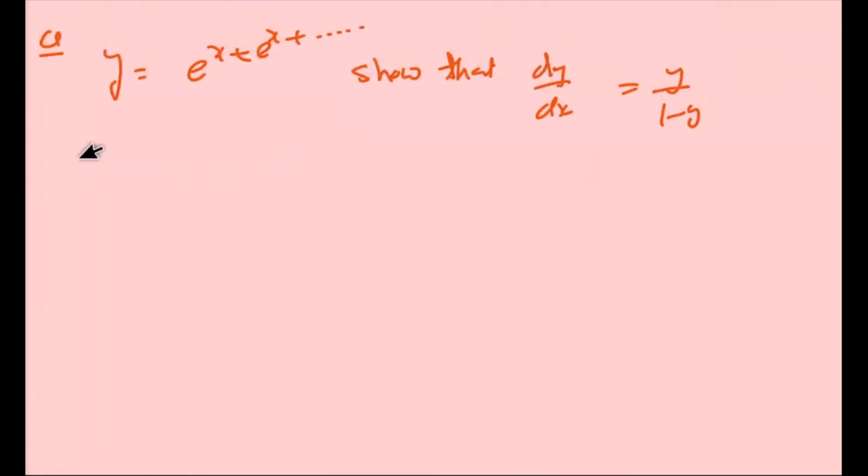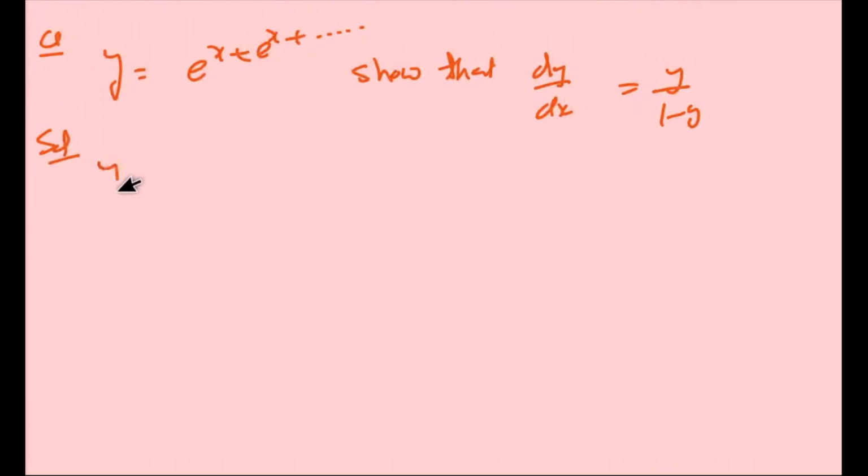Y equal to e to the power x plus e to the power x plus and so on. Show that dy by dx equal to y upon 1 minus y.